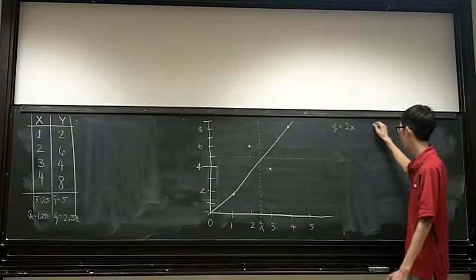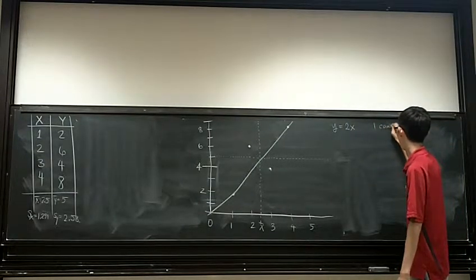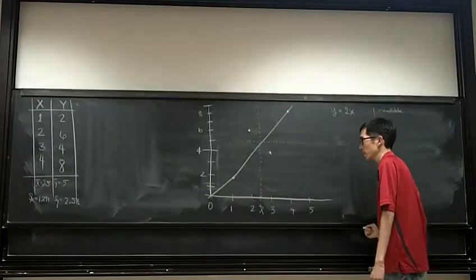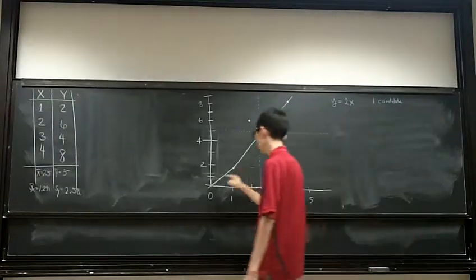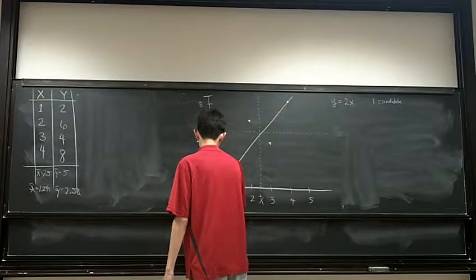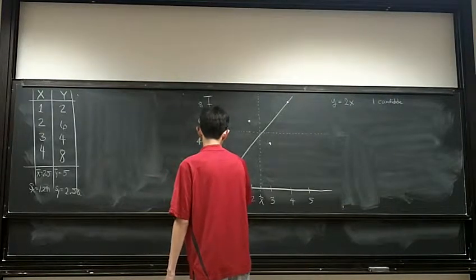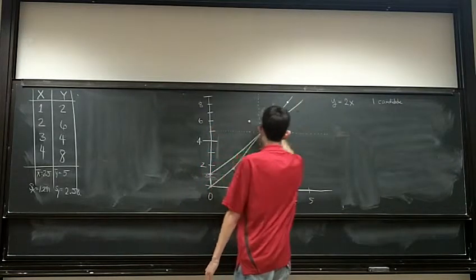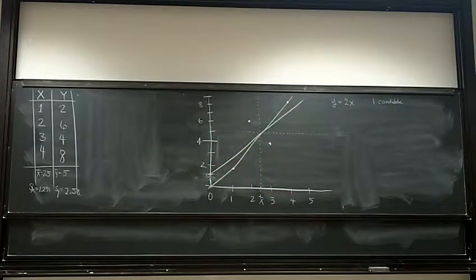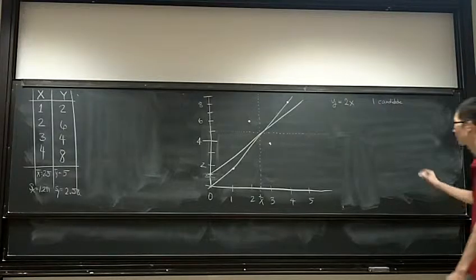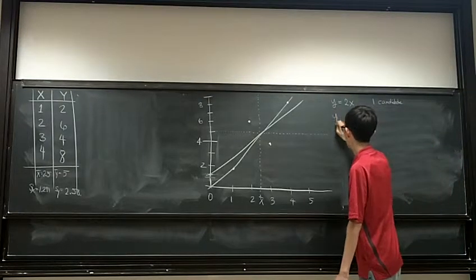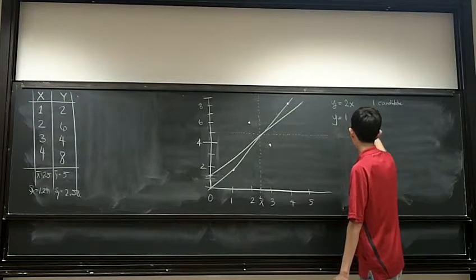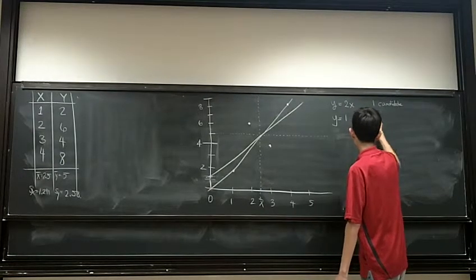So this is one candidate. And another one, just this here, maybe looks like that. So that's another candidate. Let me say this one is y equals 1 plus 1.6x.